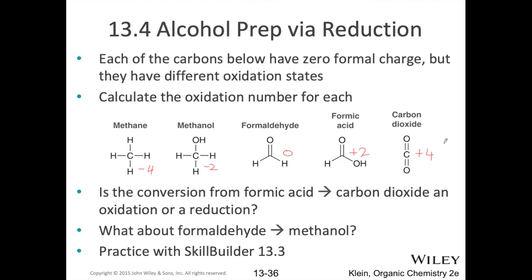So you can see that as we go through this progression of increasing bonds to oxygen and decreasing bonds to hydrogen, we wind up making the carbon more oxidized. All right, hence the name. And of course, if we go in the reverse direction, that's a reduction in oxidation number. So we can see that if we start off with an aldehyde here and convert it into an alcohol, we have a decrease in oxidation number, or a reduction, if you will.